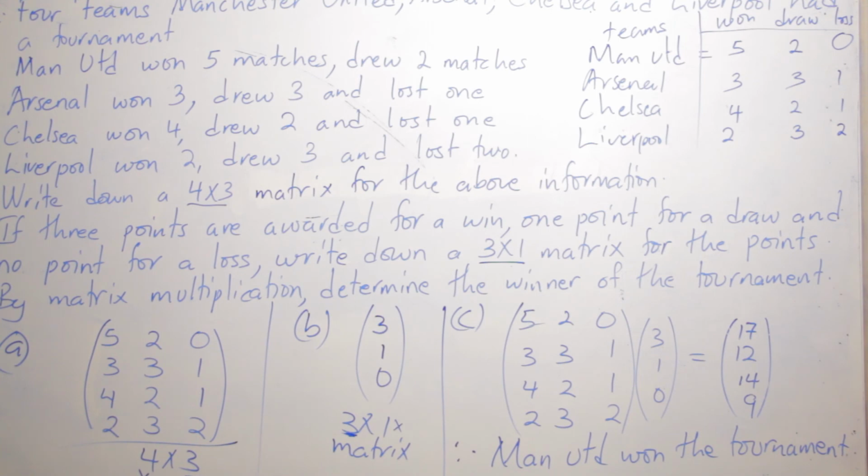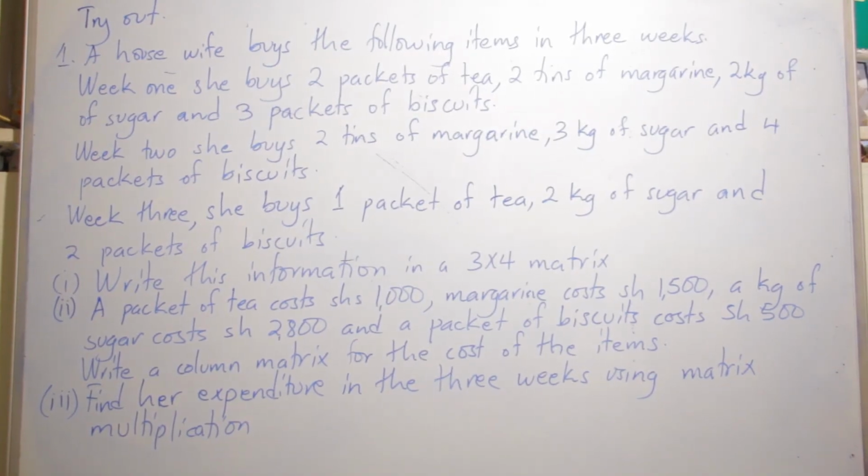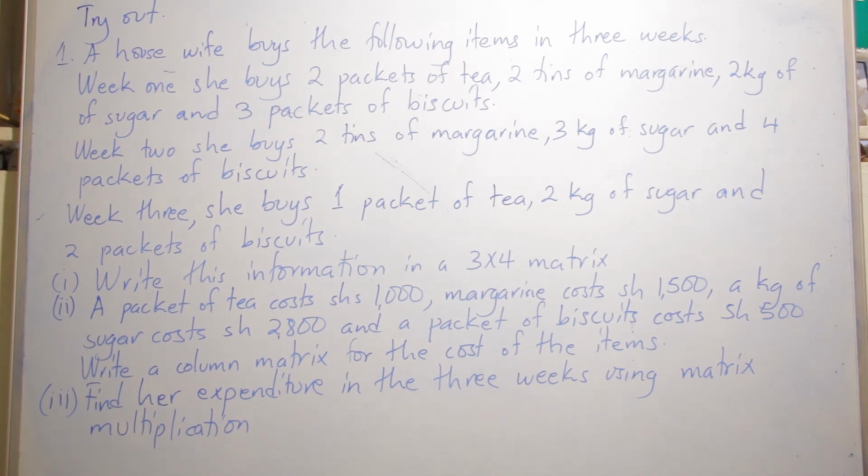So that is our example 1. So try out that number and then you'll be giving me feedback. Also, another application of matrices is solving simultaneous equations using the matrix method.